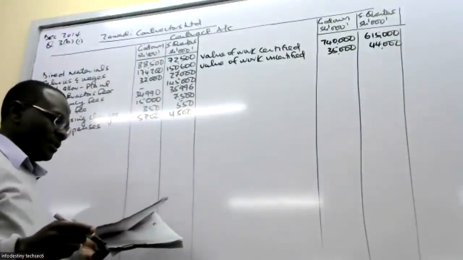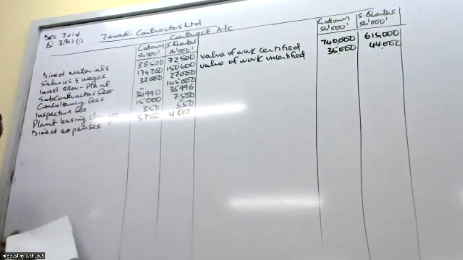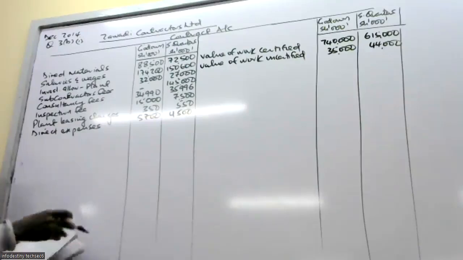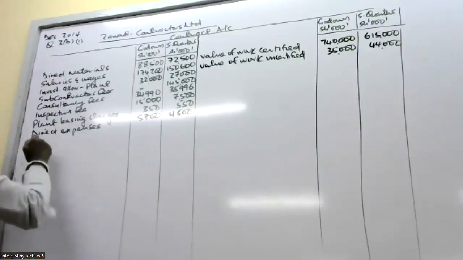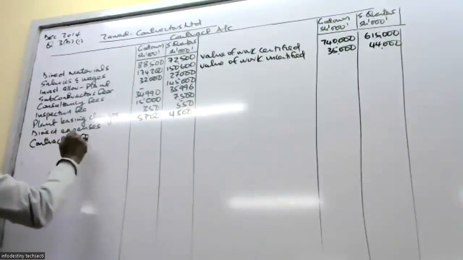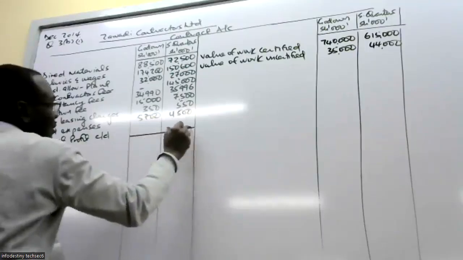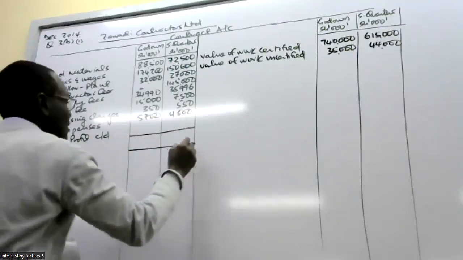So this then should be able to give us the contract profit. So say contract. We carry it down because we are yet to deduct other expenses like the office expenses.